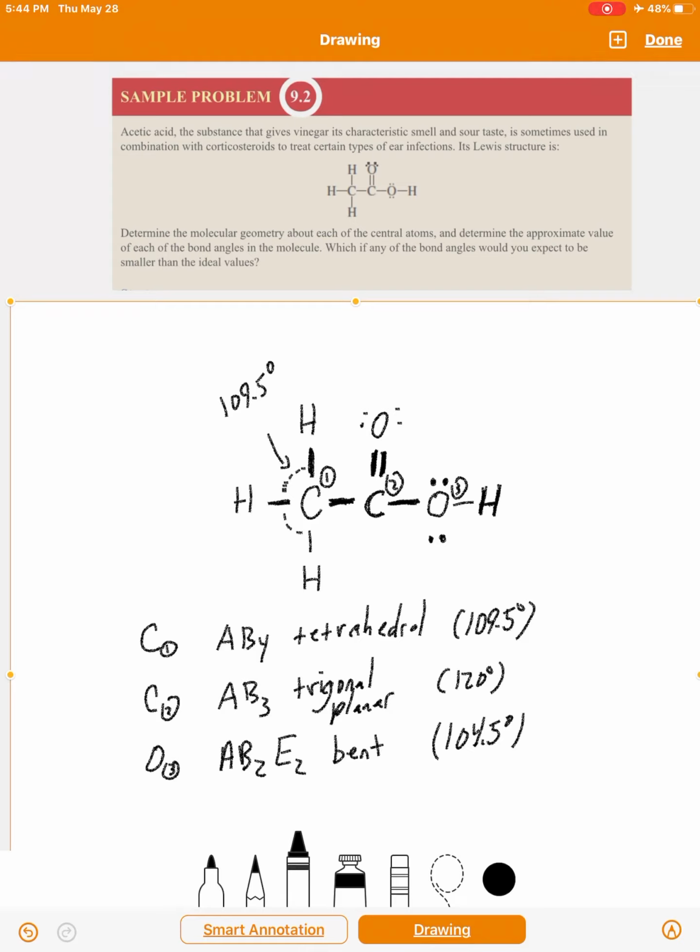So it's a little bit under 120 degrees, but it should be relatively close to that. The other angles should be pretty close to... well, bent is 104.5 for the oxygen. This carbon 1 over here, there aren't any lone pairs, no double bonds or anything like that. It's all single bonds, so it should be pretty close to 109.5. Okay?